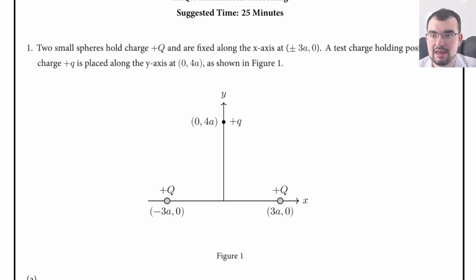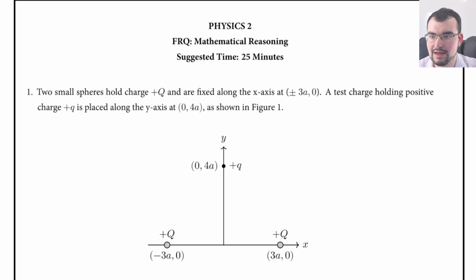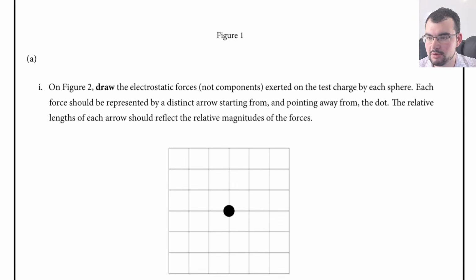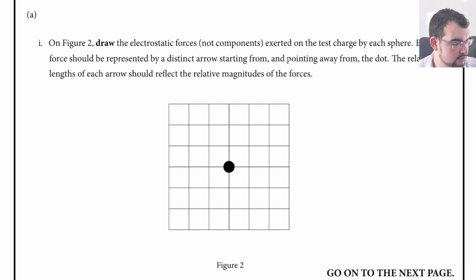So again, for the mathematical reasoning question, this is part A. There's two subparts. There's deriving, and then there's a picture. So here we actually lead with the picture, which means that this picture should help us do some sort of a derivation. So it's always helpful to read all of part A first. So we want to draw the forces, not components, exerted on the test charge by each of the spheres.